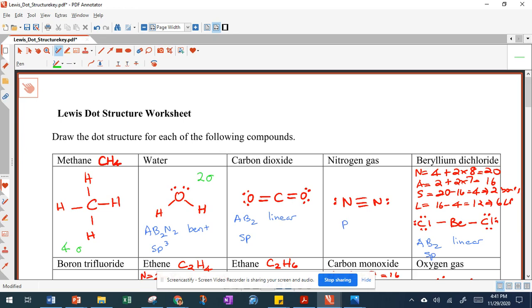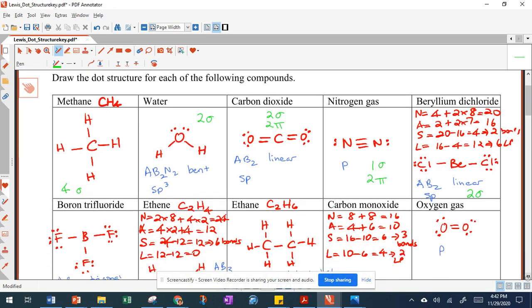Here, since we have double bonds, we have 2 sigma and we have 2 pi's. Here we have 1 sigma and 2 pi's. Here we would just have 2 sigmas. Here we would have 3 sigmas.